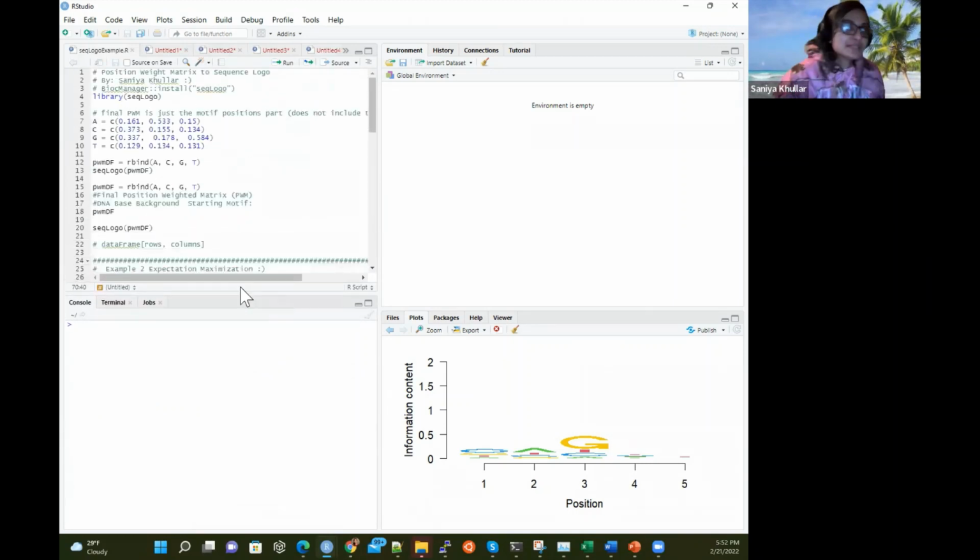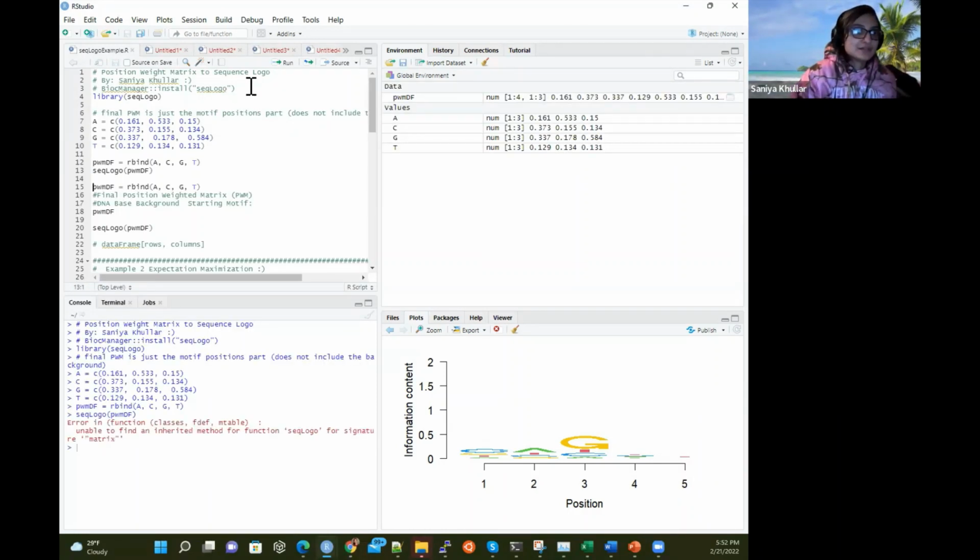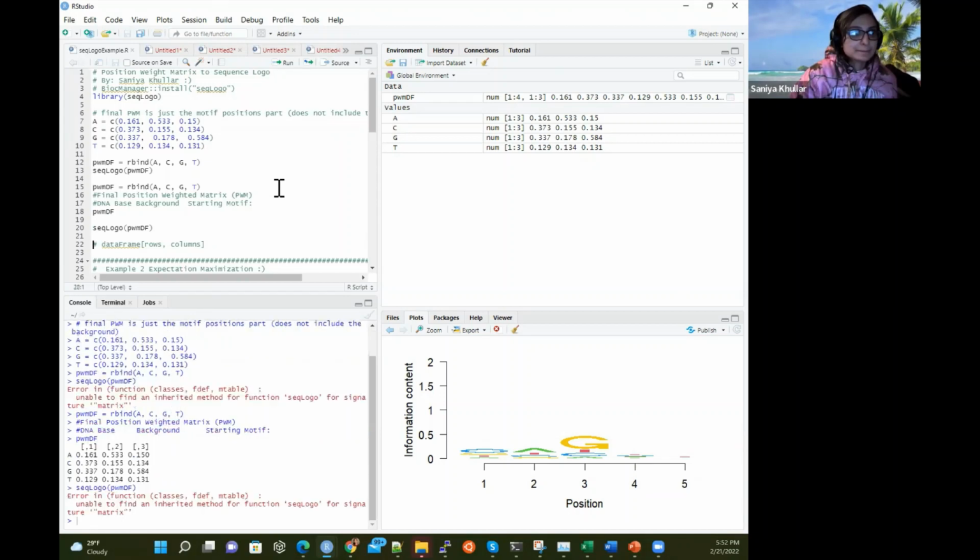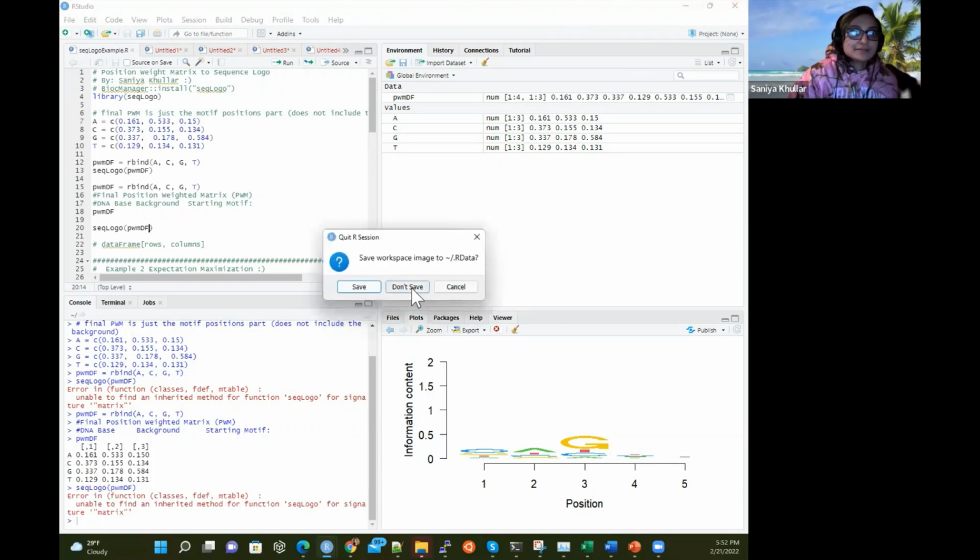We looked at a few examples again in seqLogo. We loaded these in and we saw that this was the seqLogo here. And if this is not working, I think it's better for you to close out the session and then load it back in.